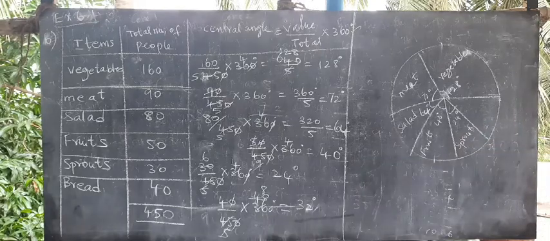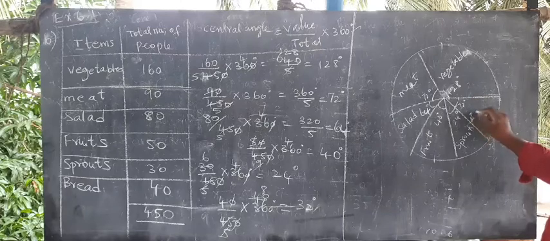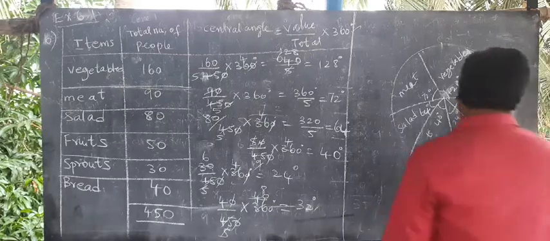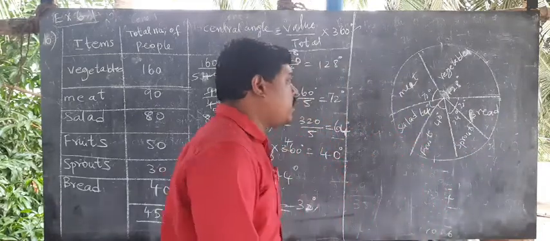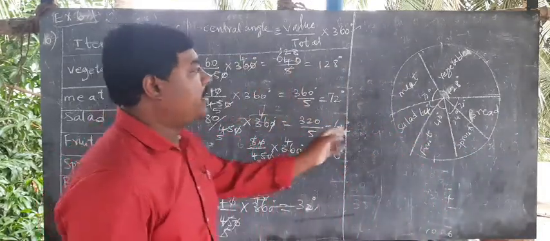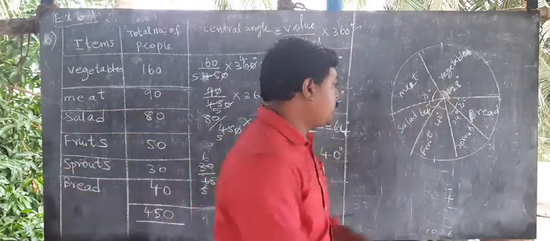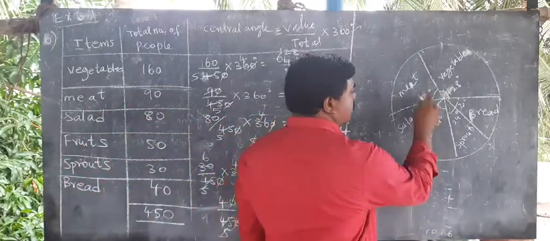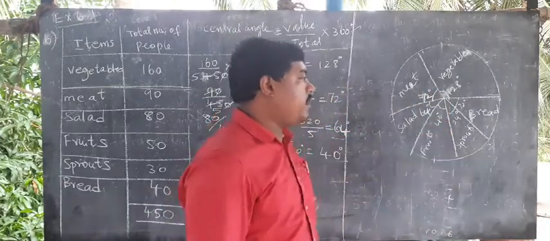And then bread 32 degree. Right? Like this we have to mention the components: vegetables, meat, salad, fruits, sprout and bread.